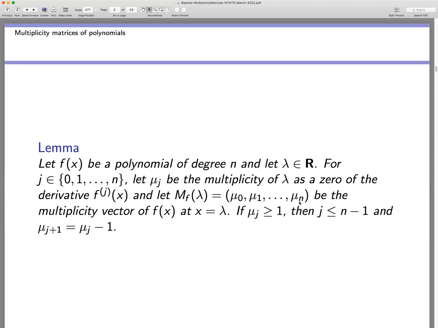All that says is that mu_n has to be 0. And as you go from mu_j to the next term in this vector, mu_(j+1), the value decreases by 1. Again, this is just the fact that if a function has a root of multiplicity mu, then its derivative has a root of multiplicity mu minus 1.